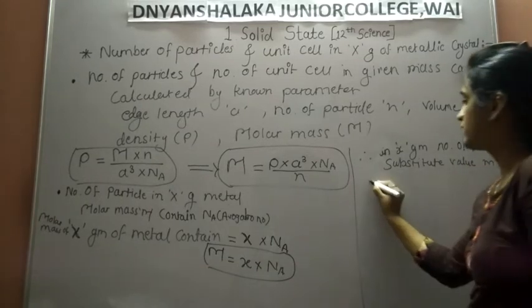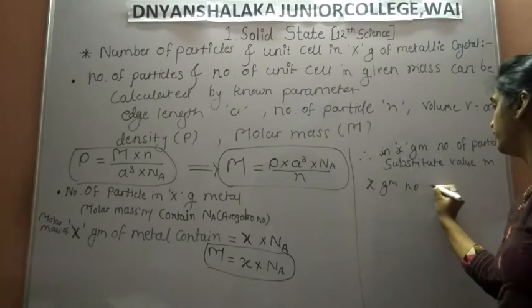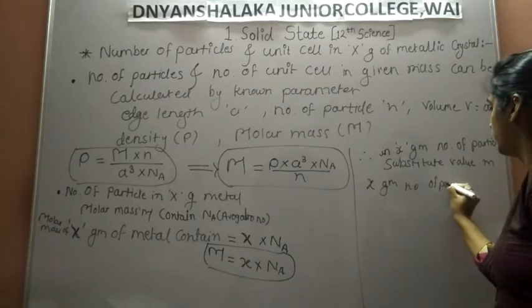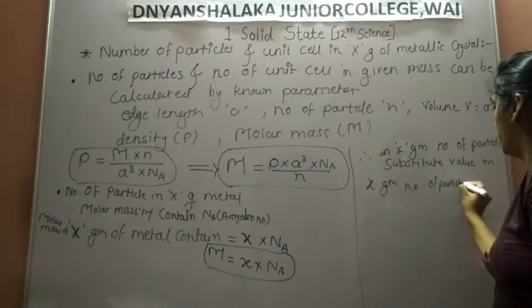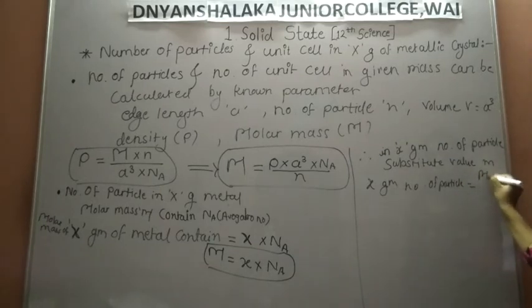So in x gram, number of particles formula. This is rearrangement: M upon rho into A cube into Na, divided by n.